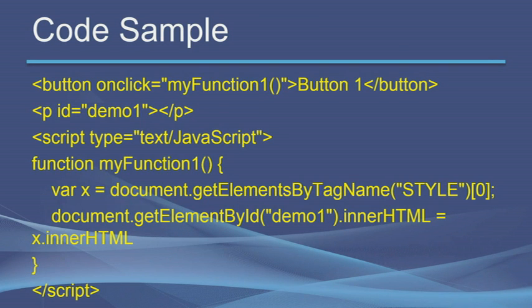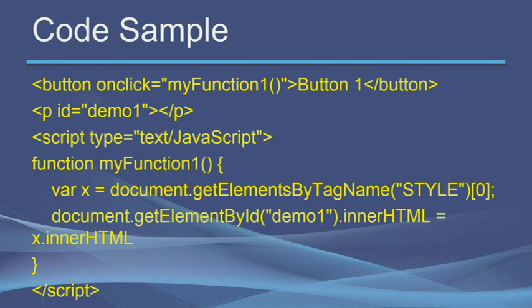So this combines both JavaScript and CSS and also HTML. So let's look at the first option, button 1, and on click of this button, my function 1 will be executed, and my function 1 is described as a JavaScript function.